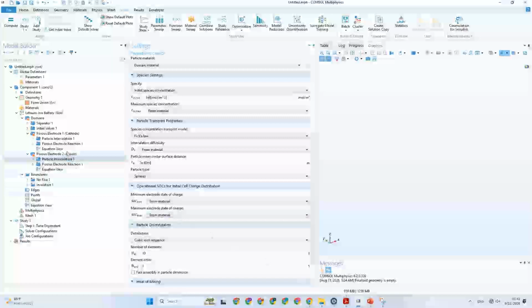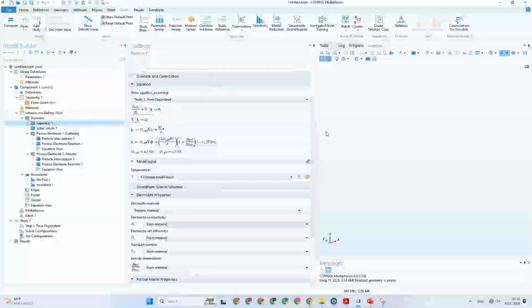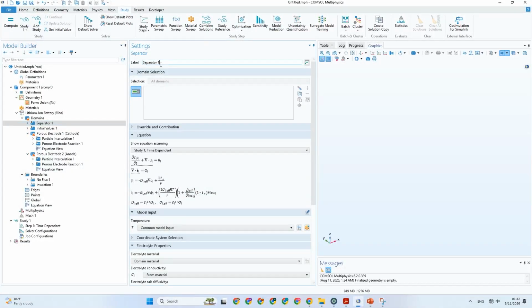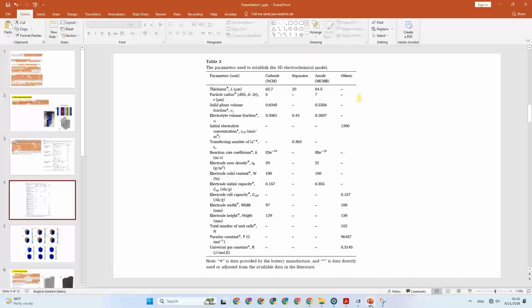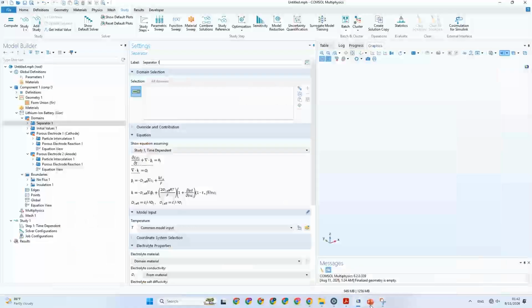Let me choose electrolyte. Separator is a name. Separator, okay, and we write it electrolyte. Nice.